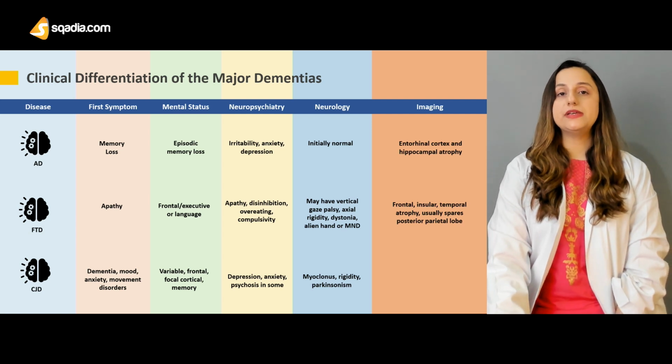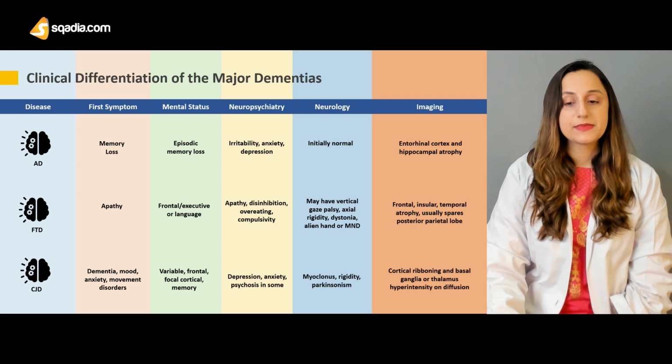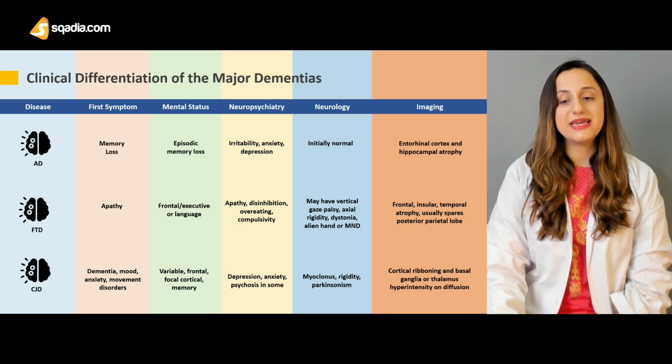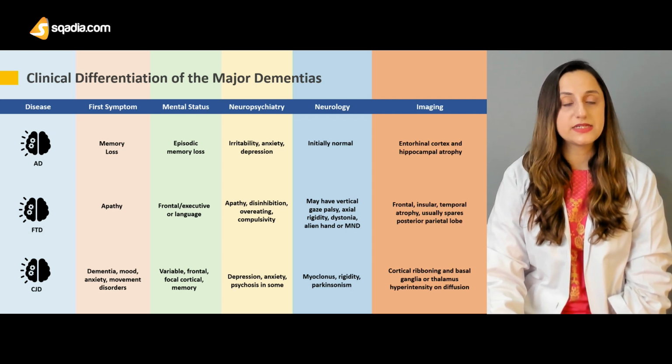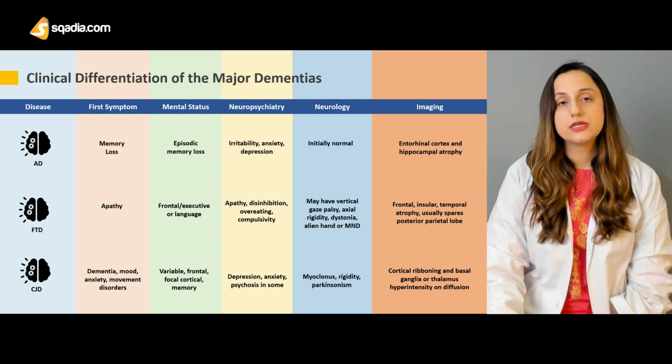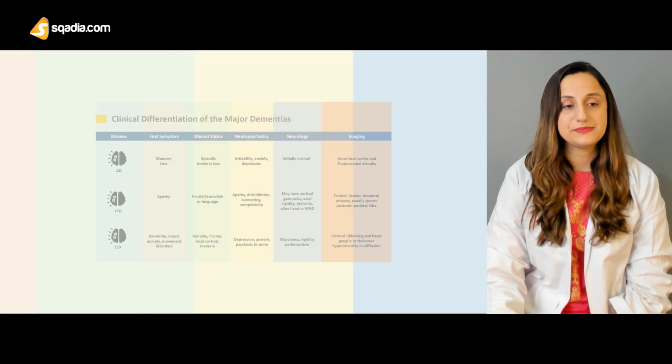Neurological examination reveals myoclonus, rigidity, and Parkinsonism-like features. Cortical ribboning and basal ganglia are sometimes involved, as well as thalamic hyperintensity on diffusion. So these are the features which are noted on imaging techniques.